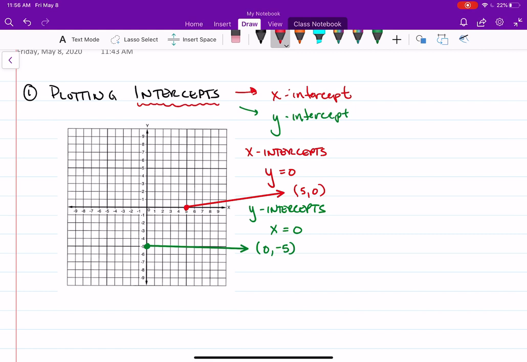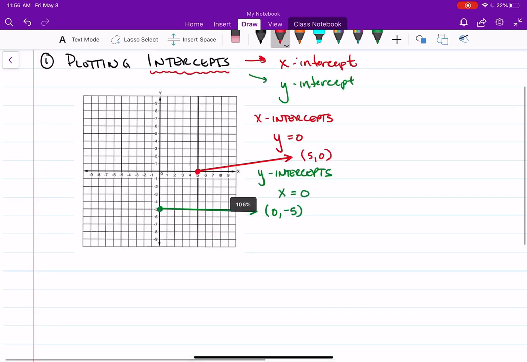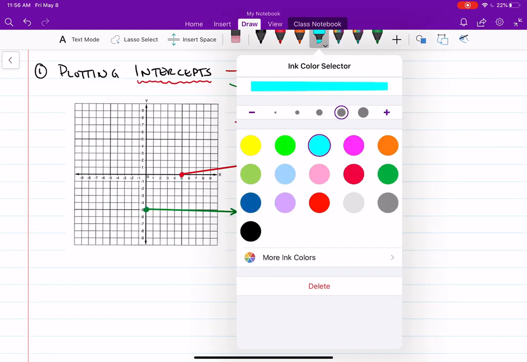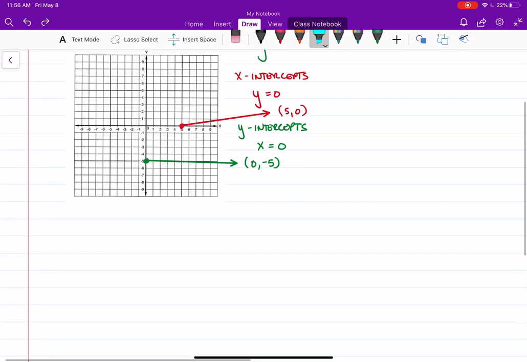So when we want to plot using intercepts, that's what we would do. We would set x equal to 0 and y equal to 0 and find our two points that way. And you're like, what do you mean find your two points that way? So here we go, let's try this.